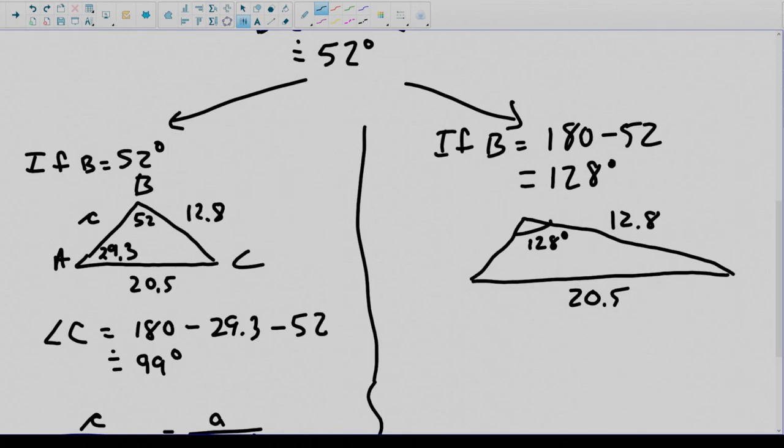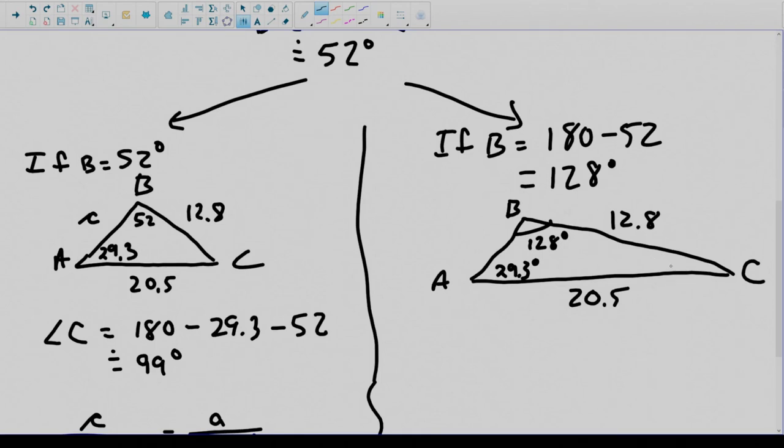Just going to make sure I'm not making any mistakes there. This one is still 29.3. Right? And we've got A, B, and C. So this would be the second triangle we'd have to solve for the ambiguous case.